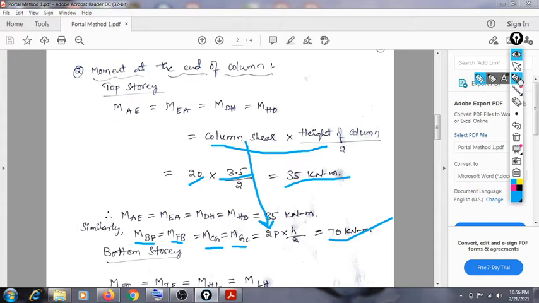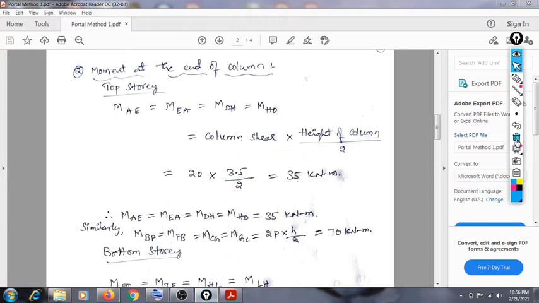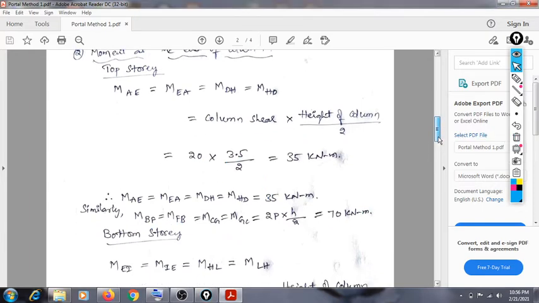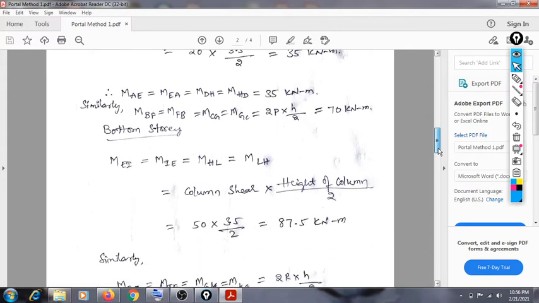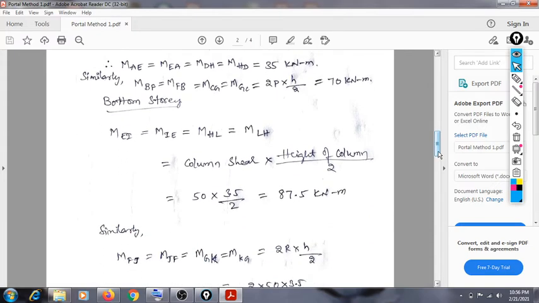So this is completed, and in the same manner we have to solve for the bottom story also. When we come to the bottom story, regarding the columns, we are only dealing with the reactions, not including the load from the top story, like how you calculated the shear.